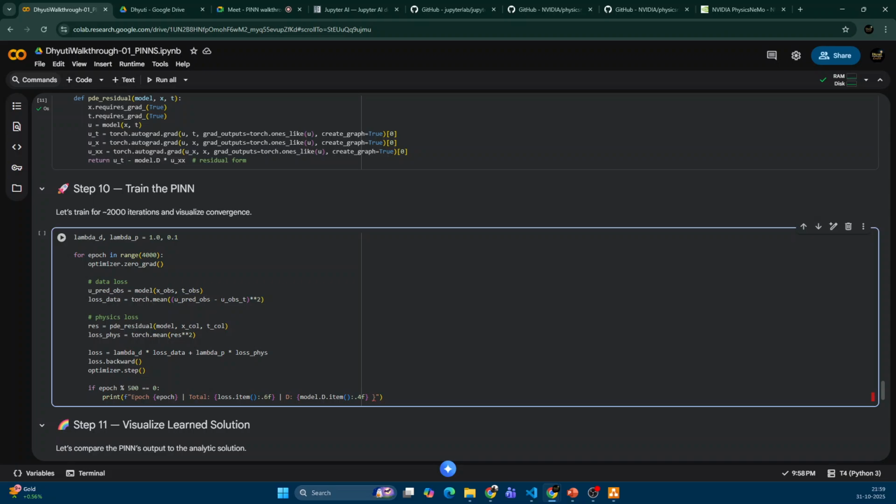And apart from that, it has to also minimize your physics loss. So the more it does a better fit of your data, the closer you would be towards your physics, and also be able to recover the missing parameter. And the important thing is we have kept about 2% noise in the data.